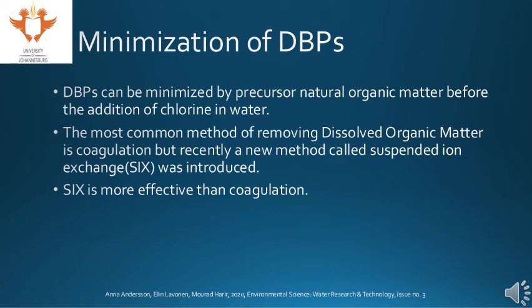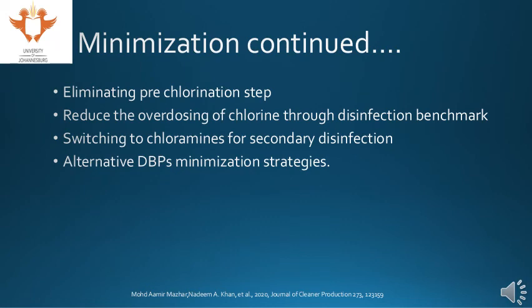The most common method of removing dissolved organic matter is coagulation, but recently a new method called suspended ion exchange was introduced because the process is more effective than coagulation. The disinfection byproducts can also be reduced in the pre-chlorination step, by reducing the overdosing of chlorine through a disinfection benchmark and switching to chloramines for secondary disinfection.